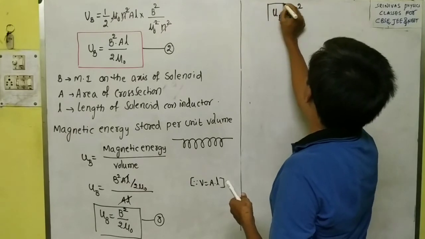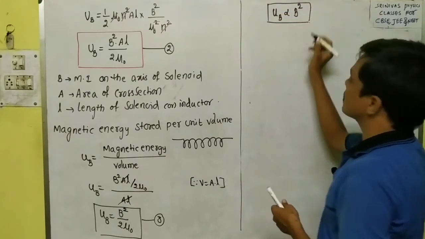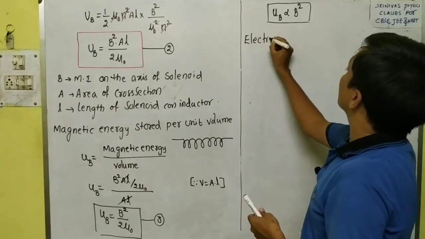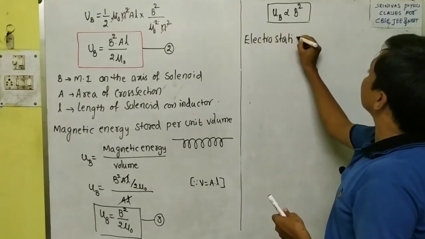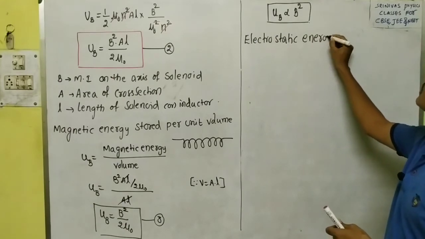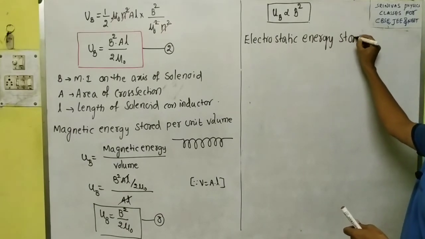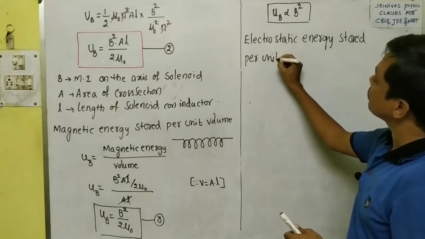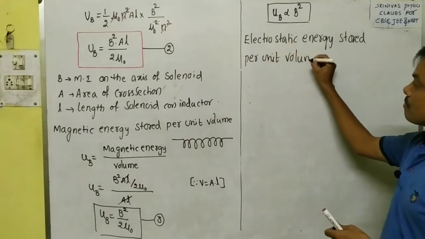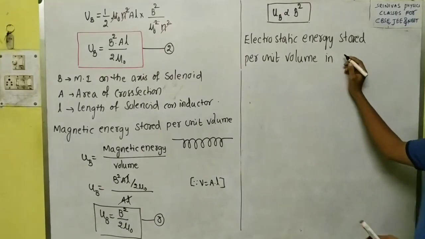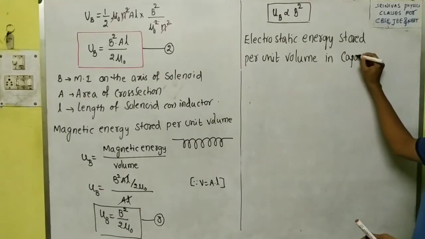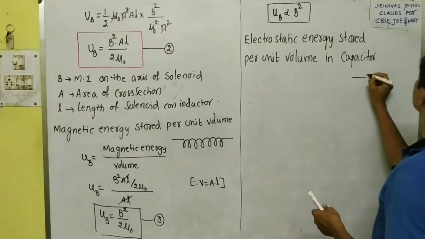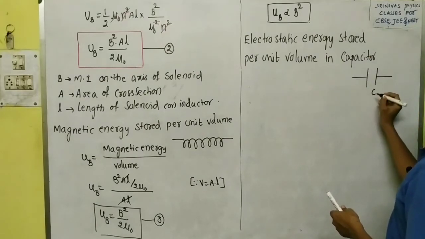Now the electrostatic energy stored per unit volume inside the capacitor: already we derived in the case of the capacitor, as in the first chapter we discussed.